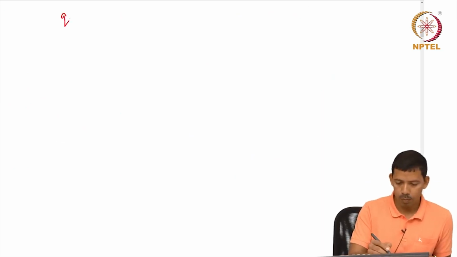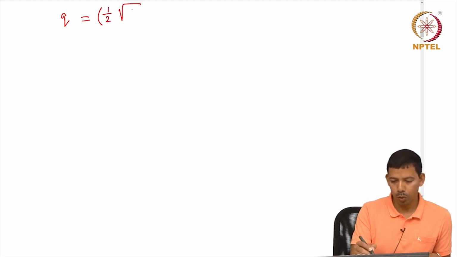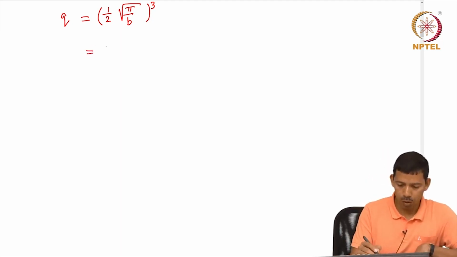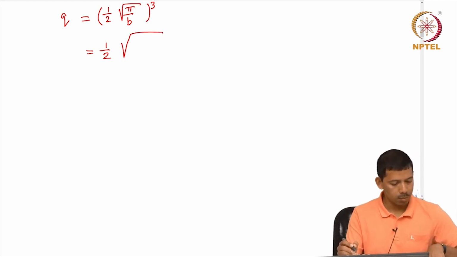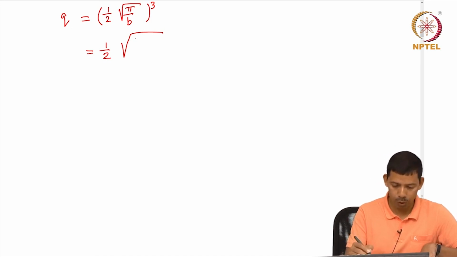q, I am not writing, it's implied that it's 3-dimensional, is half of square root of pi by b to the power 3. If you recall, we taken b as beta h square by 8 m a square, which we are putting back.